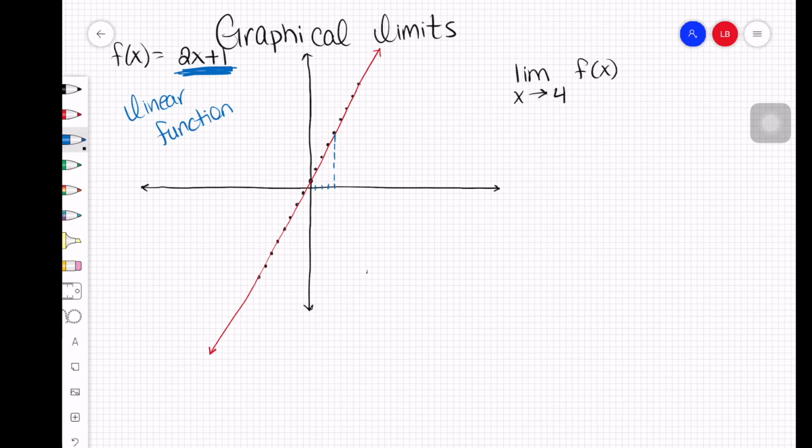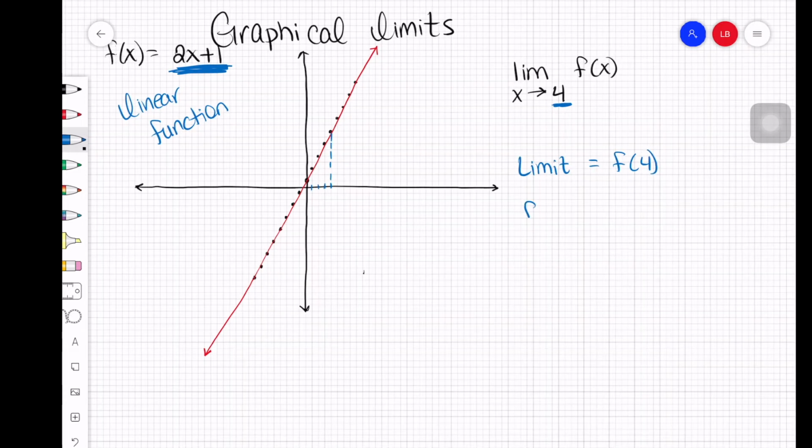Because if I'm being honest, for linear functions where there is no stipulations, where there's no funny stuff going on, as long as it is a basic linear function, the limit would be equal to f of 4. And in this case, f of 4 is equal to 2 times 4 plus 1, which is 8 plus 1, which is 9.